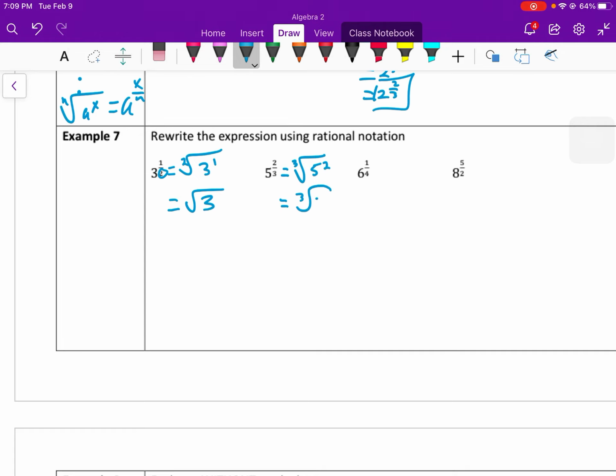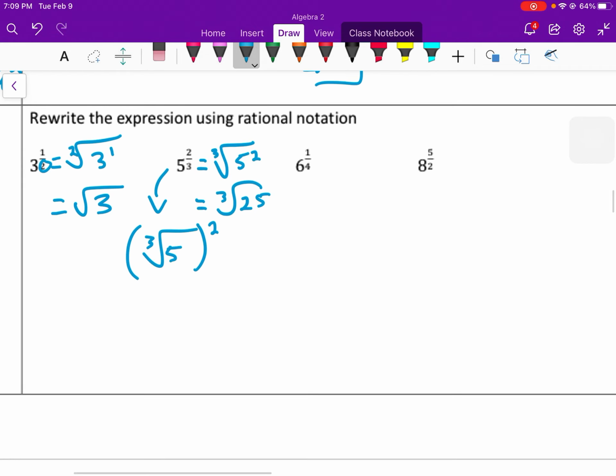So because of that, you could rewrite it as the cubed root of 25, or you could take it this way. So you could do the cubed root of 5 and then taking it to the power of 2. So kind of looking at the power there.